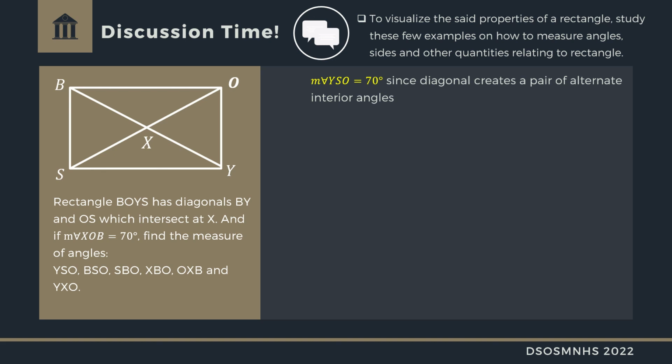Solution. The measure of angle YSO: it is 70 degrees since the diagonal creates a pair of alternate interior angles. The angle opposite YSO is angle XOB, which is given as 70 degrees.